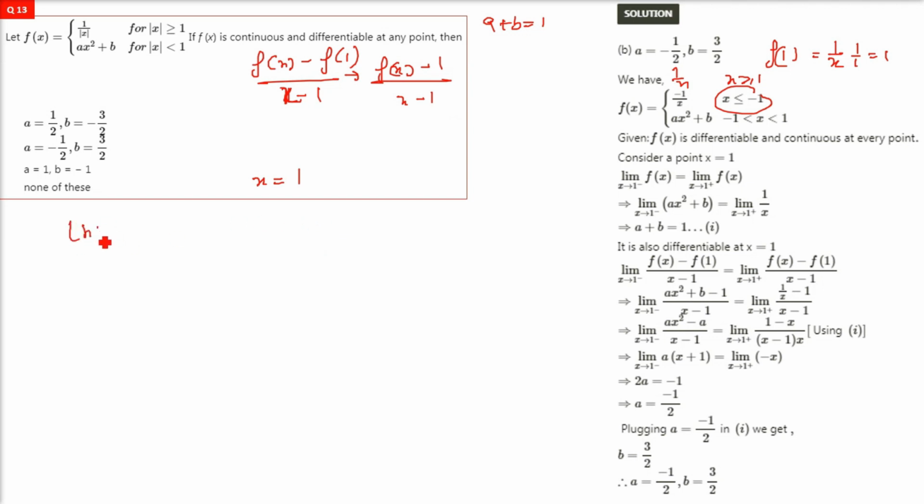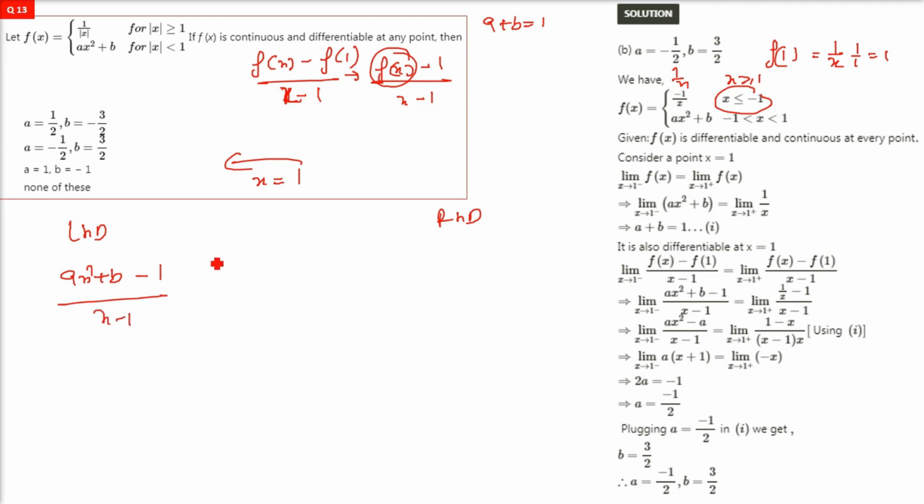So we'll go to the left hand derivative and the right hand derivative. We have used fx on the left as ax square plus b, and we are going to use that here also. On the right we have used fx as 1 by x, and we are going to use it here also. So I hope you got the idea. LHD and RHD, that means on left of 1, fx becomes ax square plus b, minus 1 was already there, divided by x minus 1.